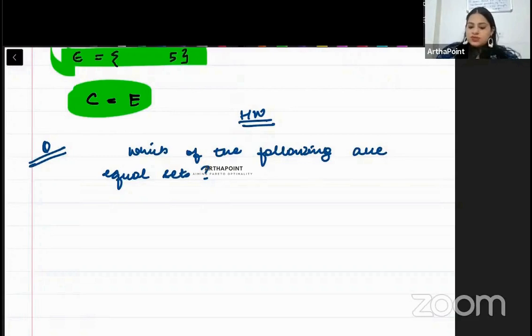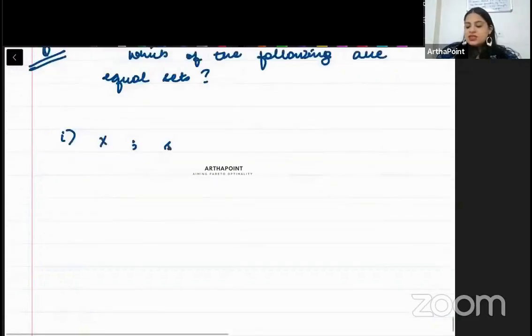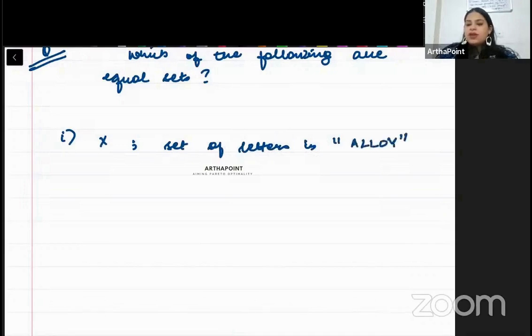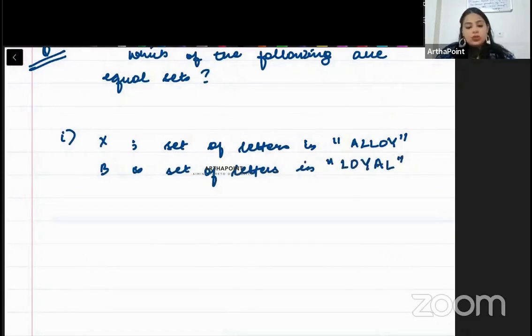So first, A is the set of letters in alloy, right? And beta B is the set of letters in loyal. You have to tell me whether these are equal sets or not.